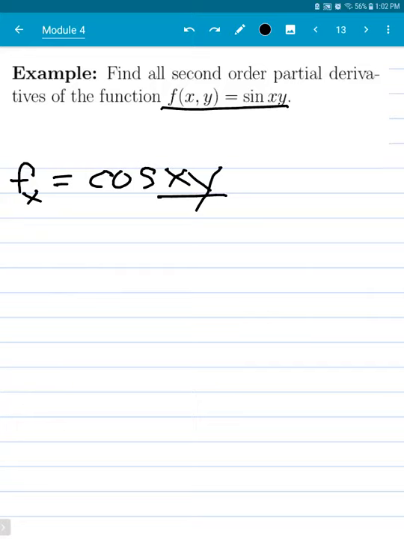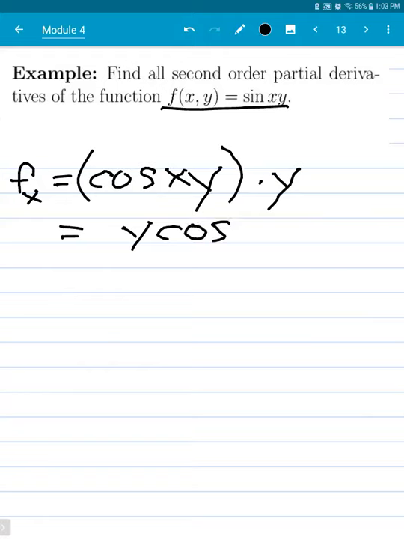Because y is a constant, so we differentiate x, and it's just 1, times the constant. So we have y out. Rearranging gives y cosine xy.